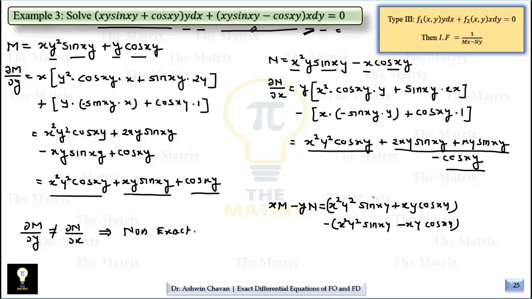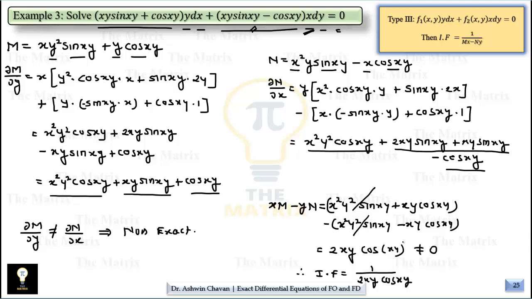If you open the bracket, we get cancellation of x square y square sin xy with the negative x square y square sin xy, and we are left with 2 times xy cos of xy, which is non-zero. That's why the integrating factor is 1 upon this, so 1 upon 2xy cos of xy.